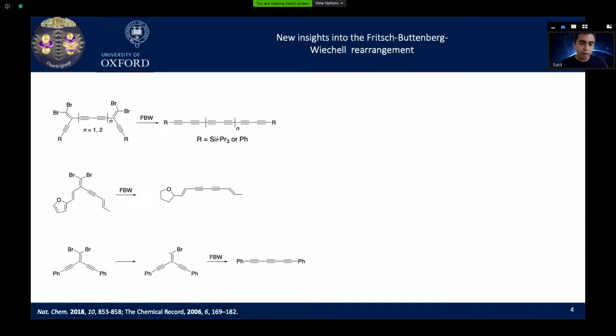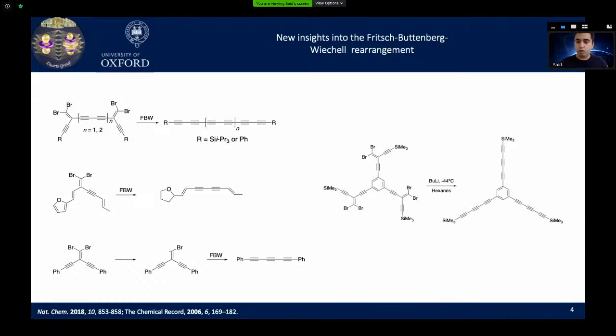There are also reports on surfaces using atomic manipulations to obtain this type of acetylene compounds. Or you can have more complex pi-conjugated systems and materials.